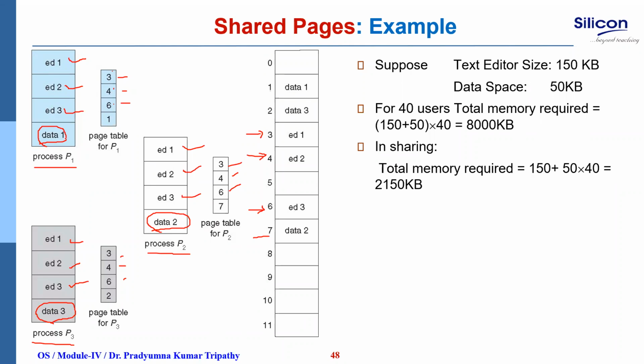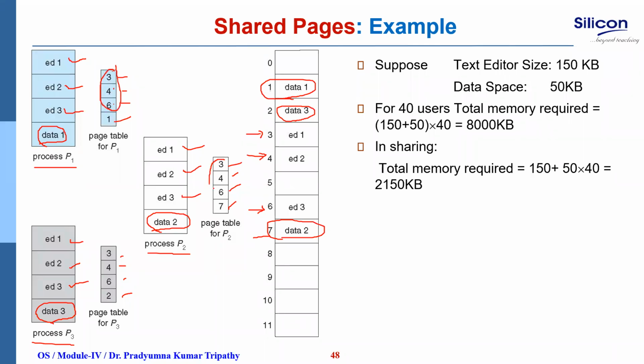So the file data 1 may be stored in frame number 1, the data 2 may be in frame number 7, and the data 3 in frame number 2. So in the page table, I will have 3, 4, 6 common for all.